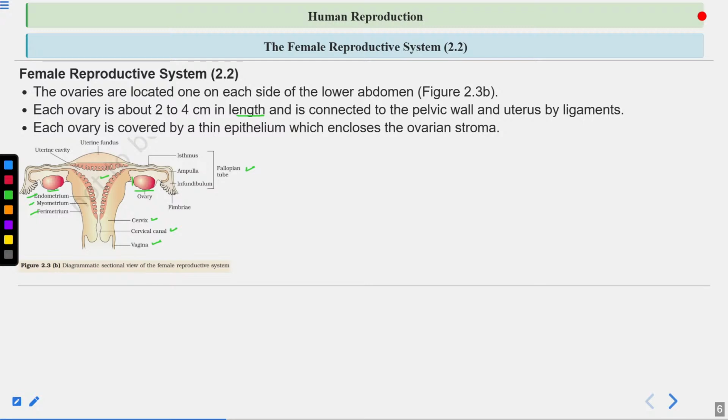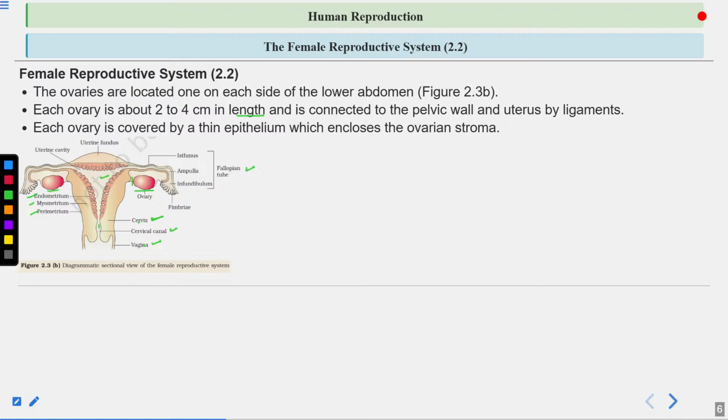So remember, this is the uterus. The lower part of the uterus is known as the cervix. Then you can see there is a cervical canal, and the cervix is connected to the vagina through the cervical canal, or you can say the uterus is connected to the vagina through the cervix and the cervical canal.